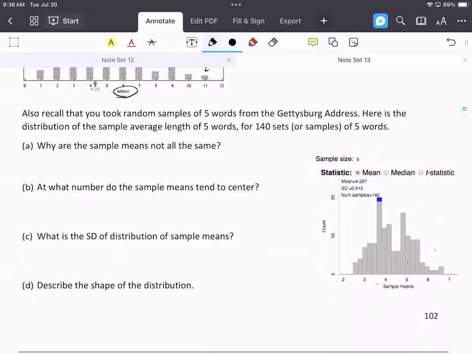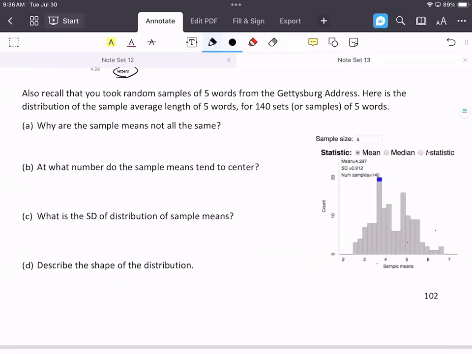You may remember that we took a random sample of 5 words from the Gettysburg Address and figured out the average length of that sample of 5 words. Now, what I did here is use the applet, and this is the sampling distribution of the sample means. I found the average length of 5 words, and I took 140 different samples of 5 words.